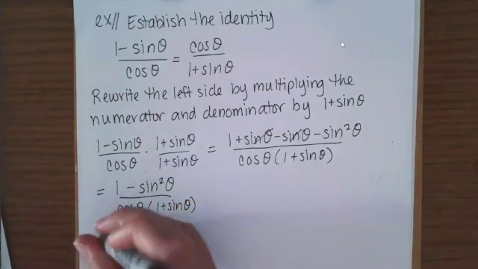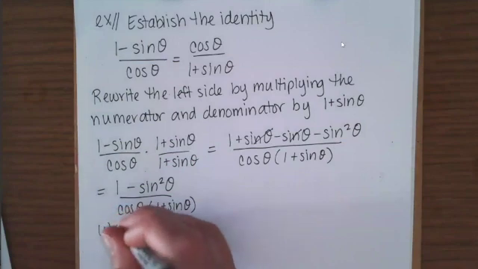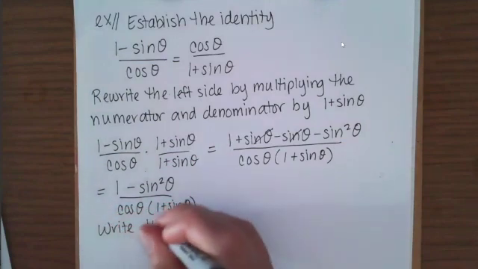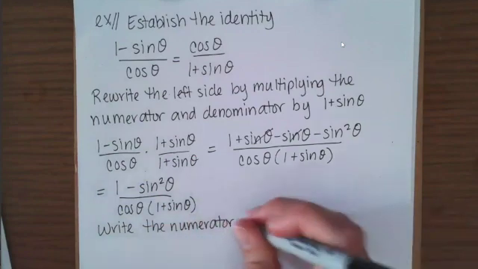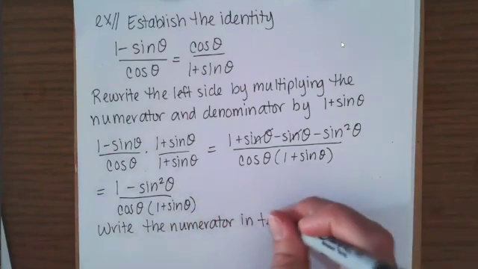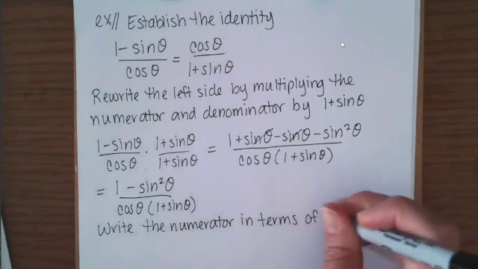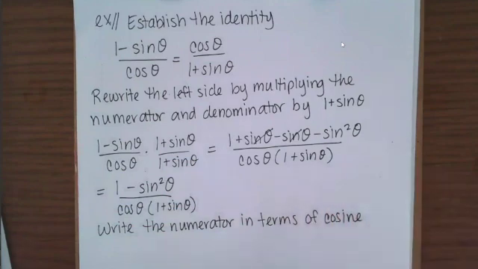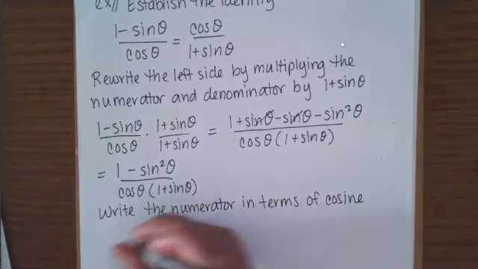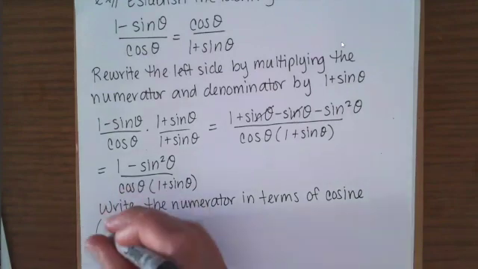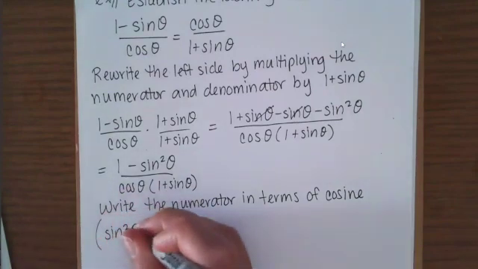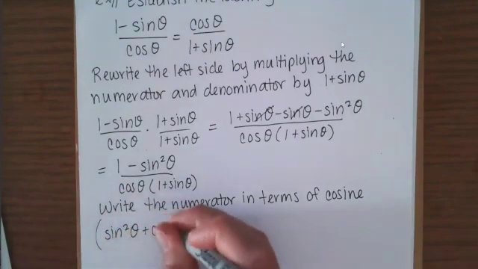Our next instruction is to write the numerator in terms of cosine. So we know, this is not our work, here's kind of a side note here, the Pythagorean identity says that sine squared of theta plus cosine squared of theta is equal to 1.